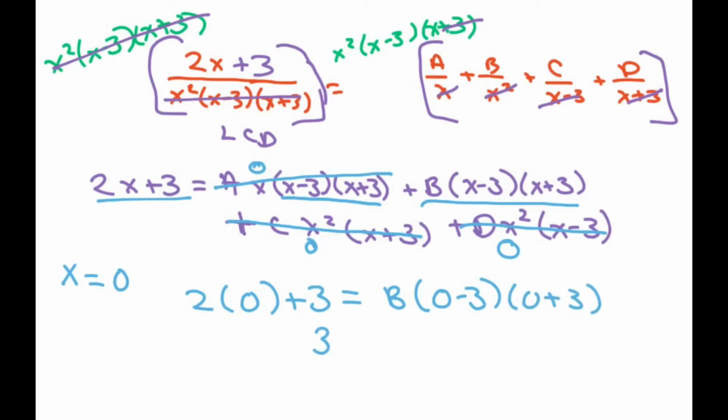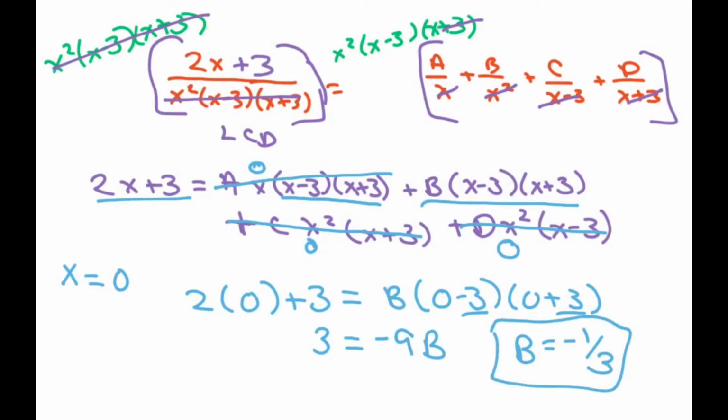So you get 3 equals, and this is negative 3 times 3, so that's negative 9 B, so my B is going to be negative 1/3 when you reduce that.